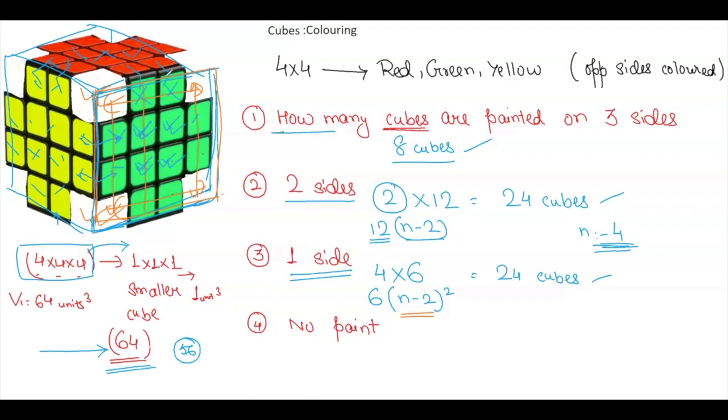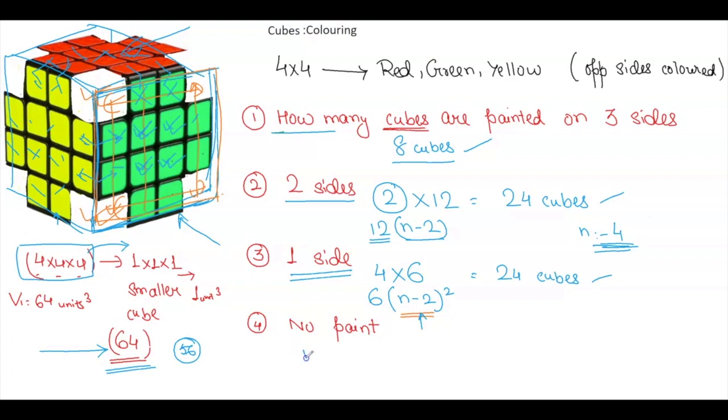So basically, almost synonymous to what we did here. From the entire larger cube, you need to chop off the surfaces. Now, if you consider two opposite surfaces, let's say the upper and the lower surface, then essentially I'll have to chop these two faces from the entire larger cube.